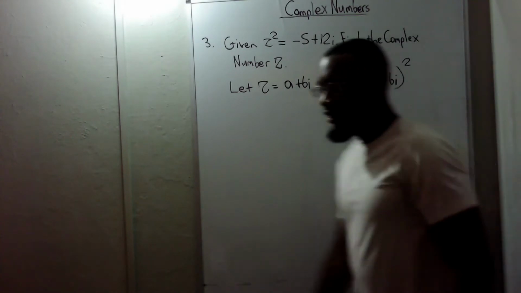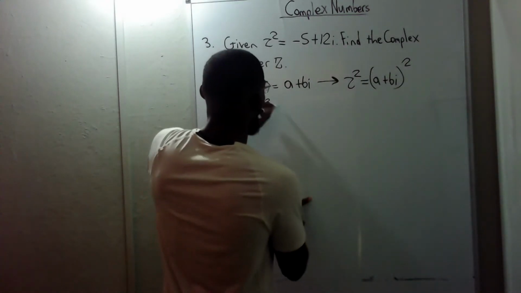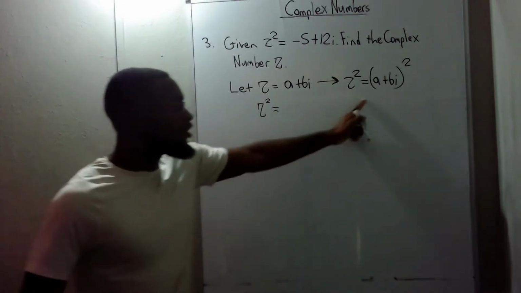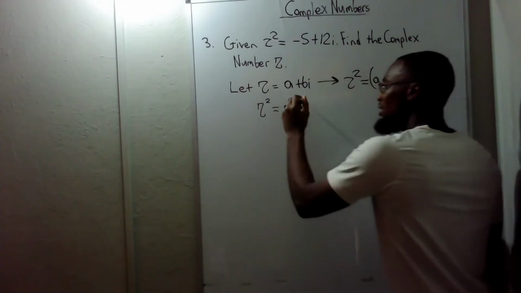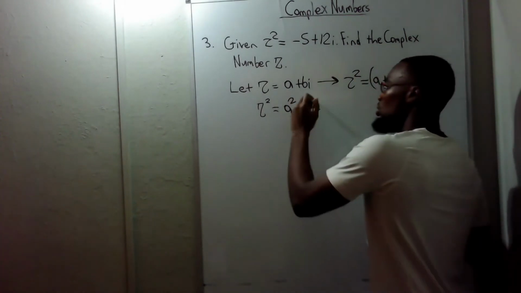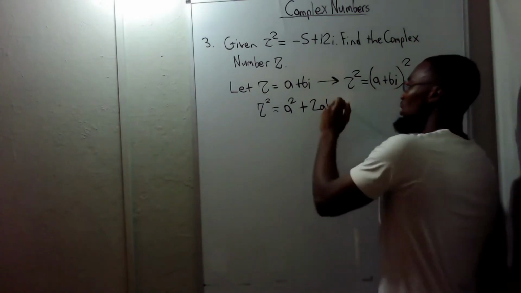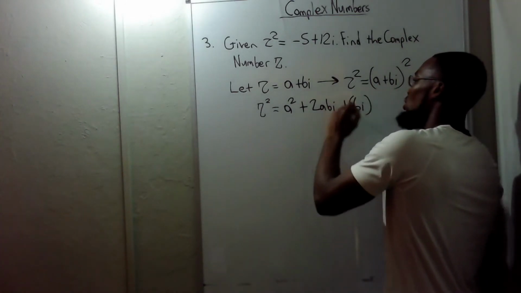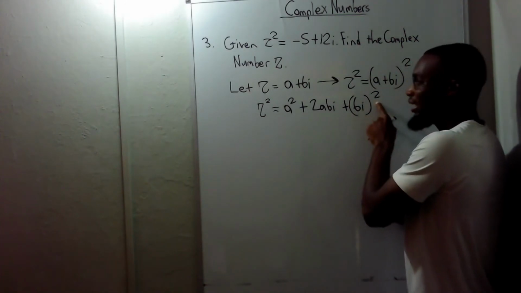If we expand this, then z squared is equal to first term squared, a squared, plus twice the product of the two, 2abi, plus second term squared, which is bi squared. But bi squared is b squared i squared.